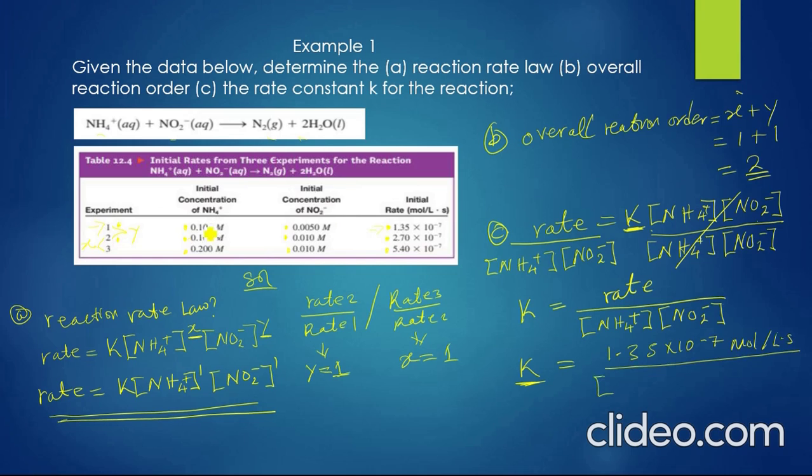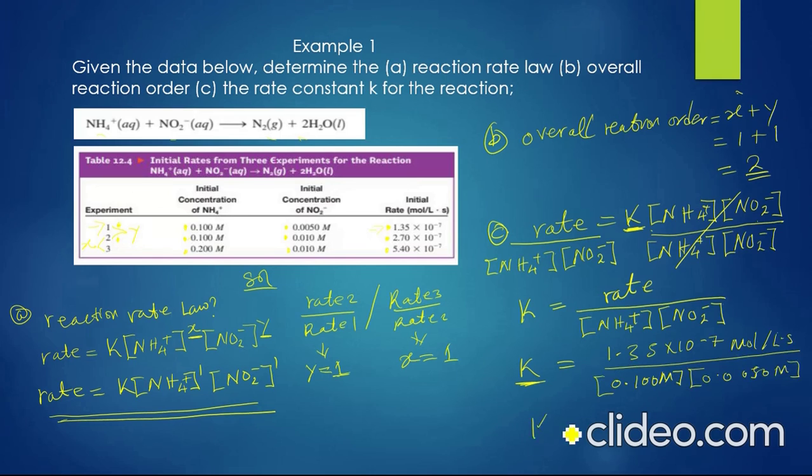That's for ammonium ion, 0.100 M, and then the initial concentration of nitrogen dioxide is 0.0050 M.